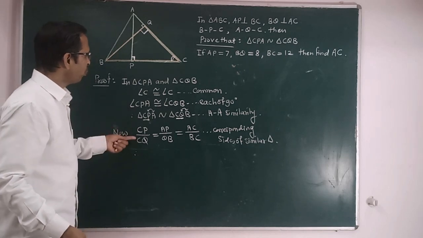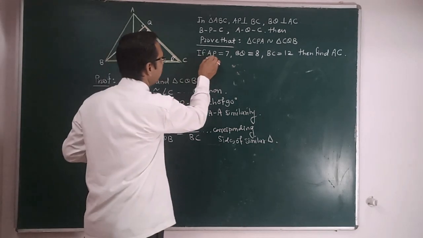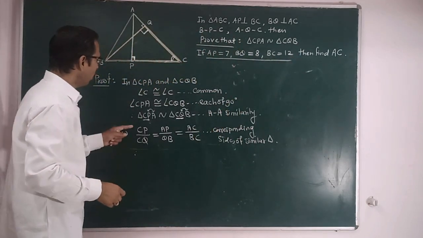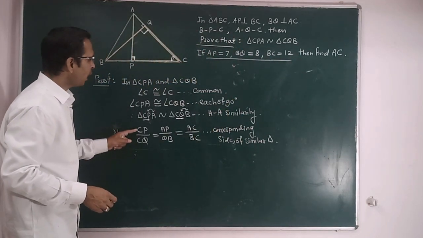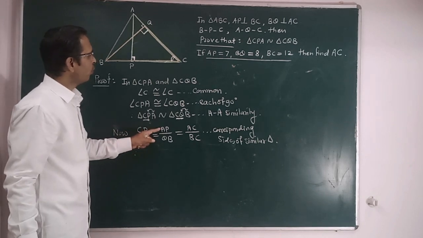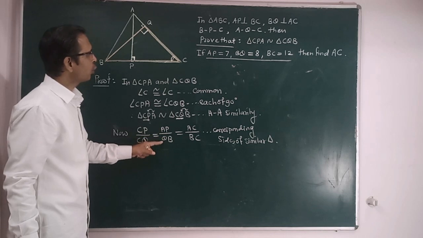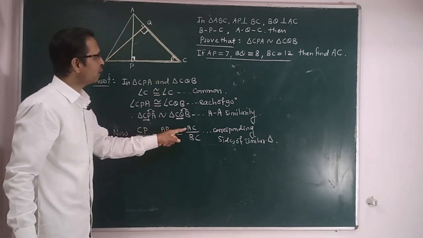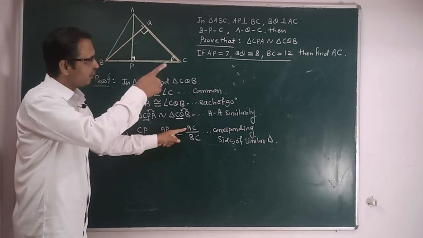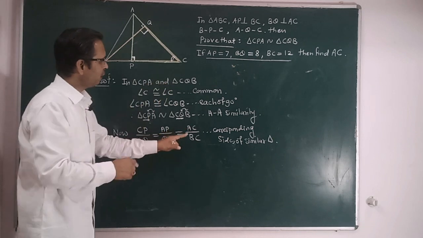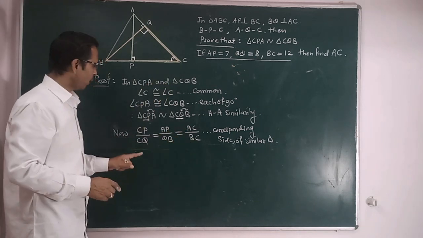And now put the values which are given in the example. CP upon CQ, we are not given CP, we are not given CQ here. AP is given, BQ is given, that is 8. AC we have to find, as you see at the end of that example, and BC is equal to 12.